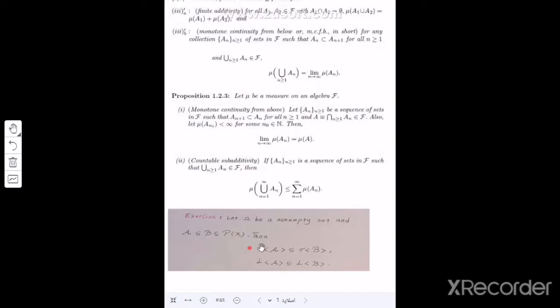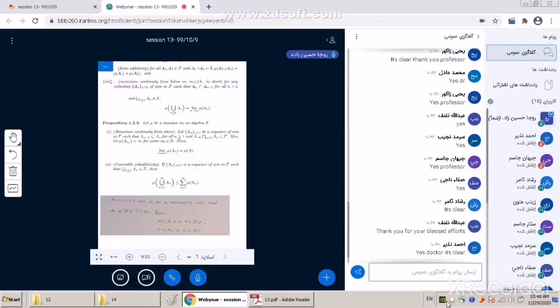You must prove that sigma of A, the sigma algebra generated by A, is a subset of sigma of B, and lambda of A, the lambda system generated by A, is a subset of lambda of B. You don't need to send me the answers. Just ask if you have any question in the WhatsApp group.